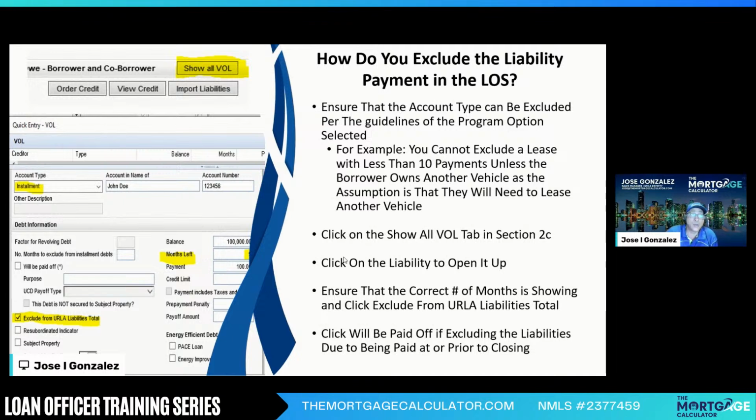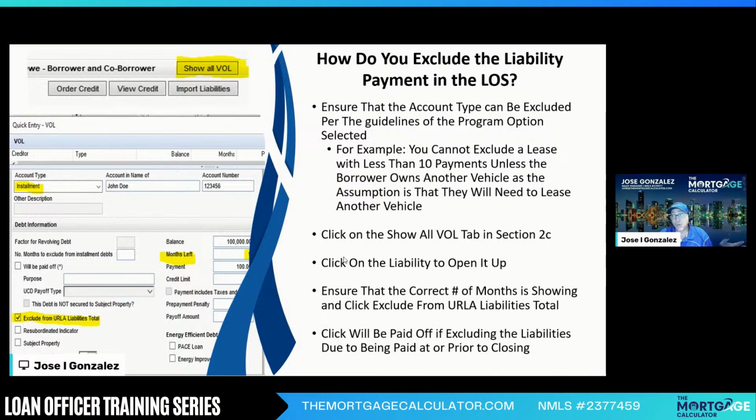Now, what you want to do on the mechanics of how to do this exclusion is, first, you go to the Show All VOL tab that I have highlighted in yellow. That's in section 2C of the LOS. You're going to click on that, and it opens up the box with all of your liabilities.